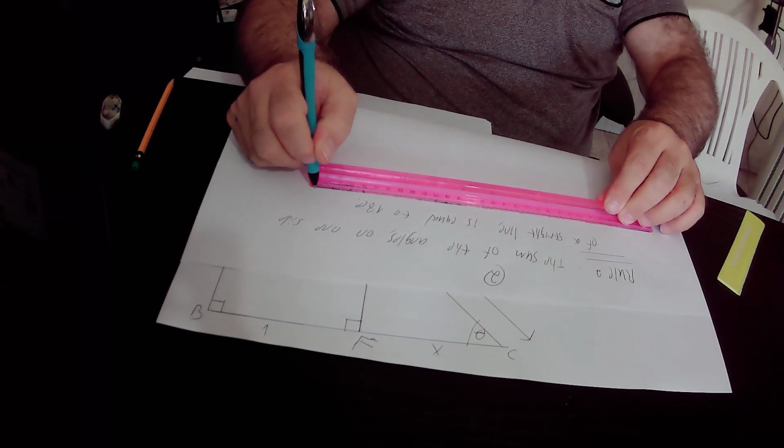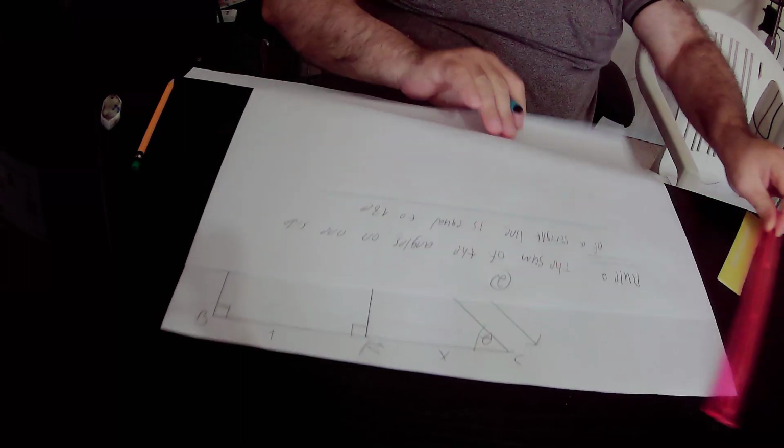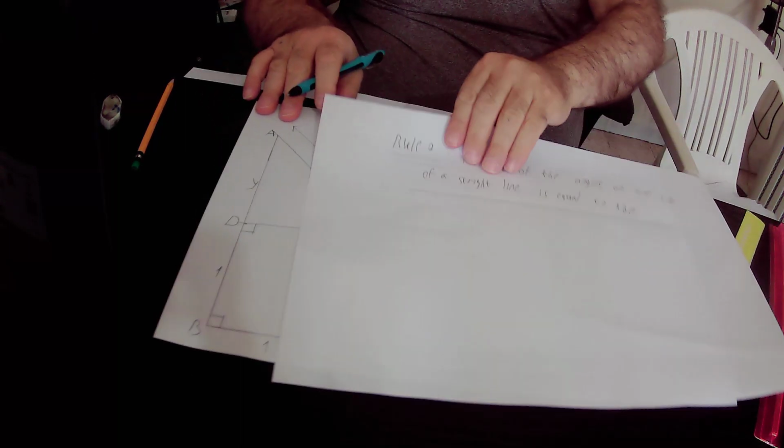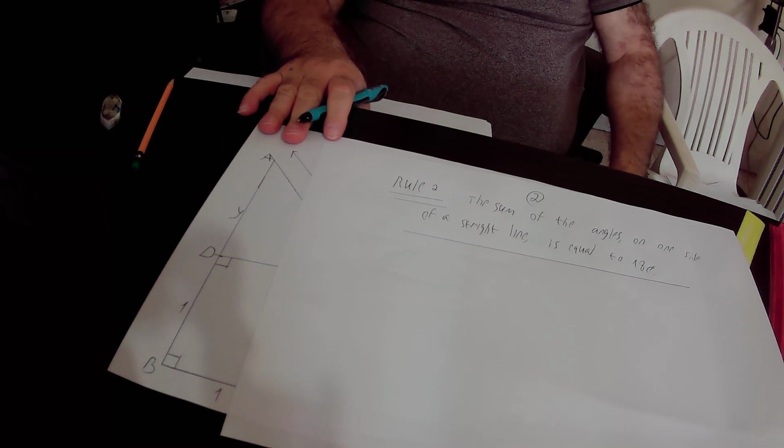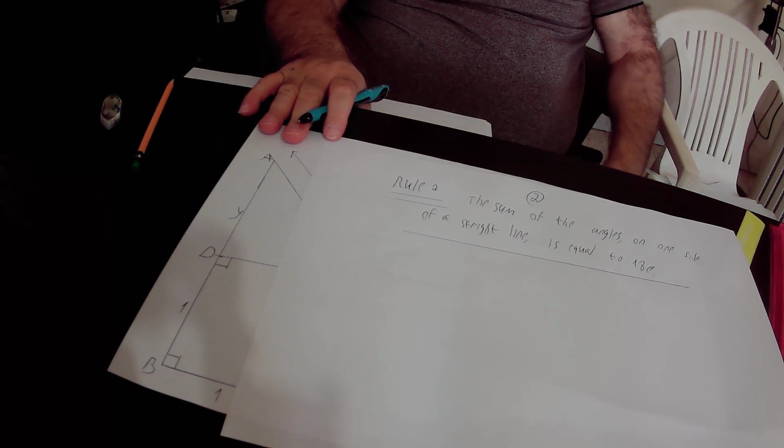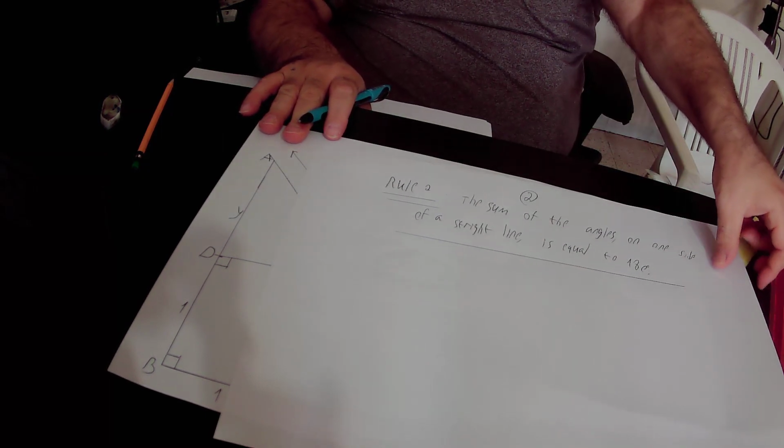So I will read rule number 2 again. According to rule number 2, the sum of the angles on one side of a straight line is equal to 180 degrees.